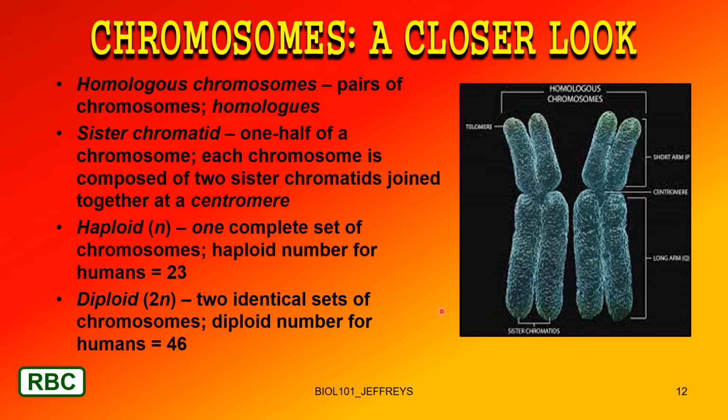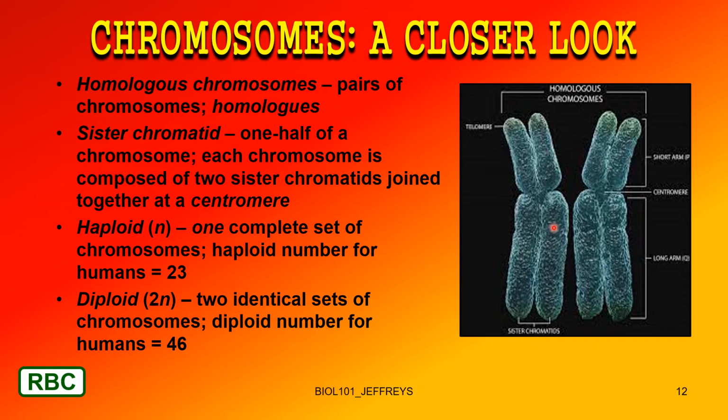So then we can start thinking about those numbers, 46 and 23. So one set of chromosomes, we're talking about humans now, there are 23 of them, 23 unique chromosomes.